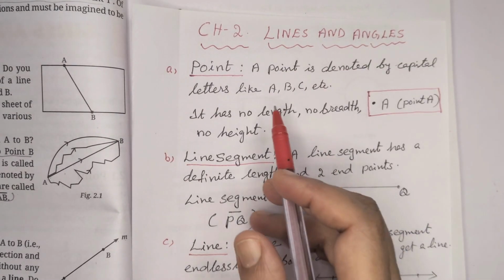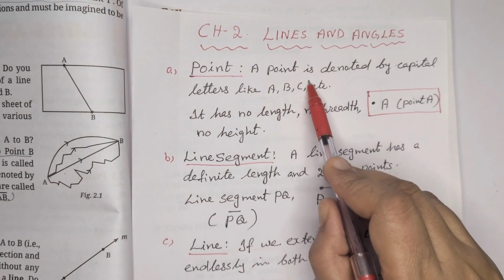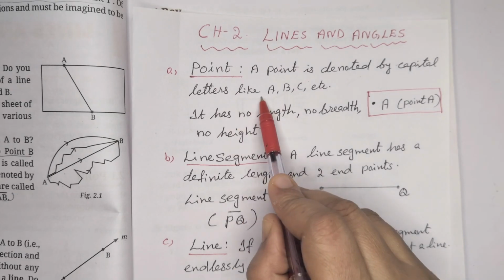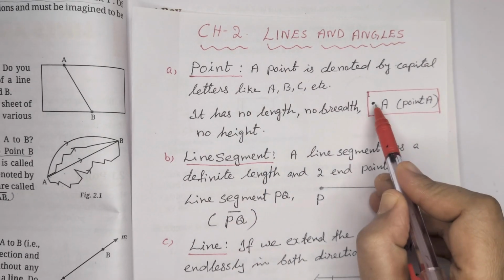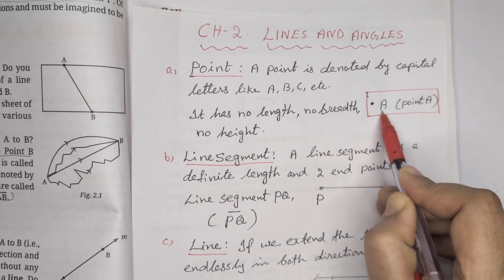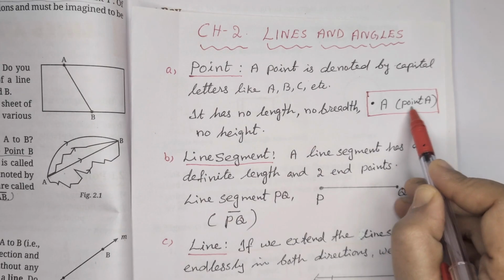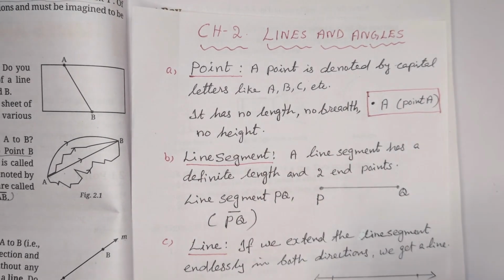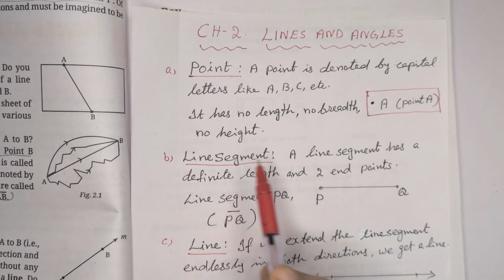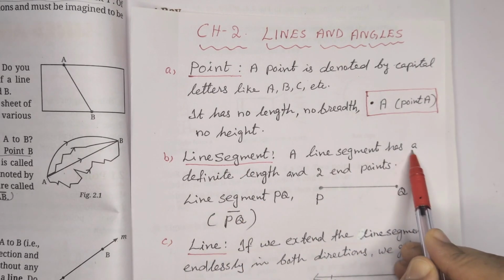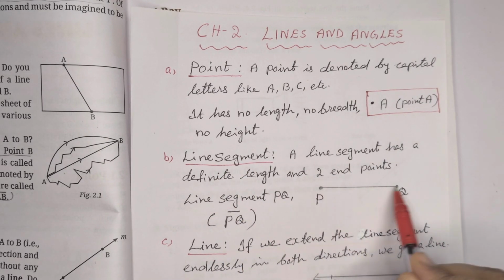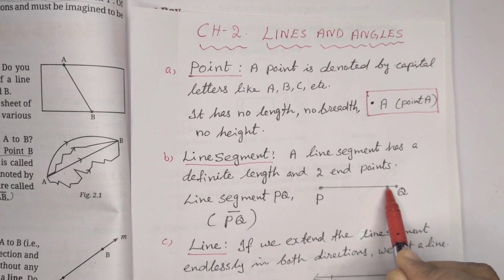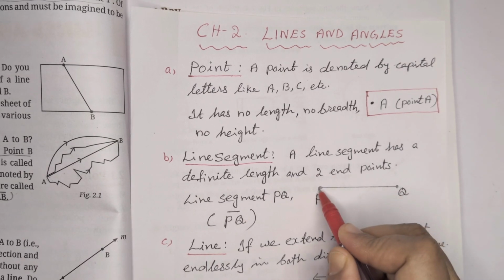These terms in short. Point: a point is denoted by capital letters like A, B, C, etc. Here this is the example, A, and we read that as point A. It has no length, no breadth, no height. Next term, line segment. A line segment has a definite length. We can measure this length using a scale. And it has two endpoints.